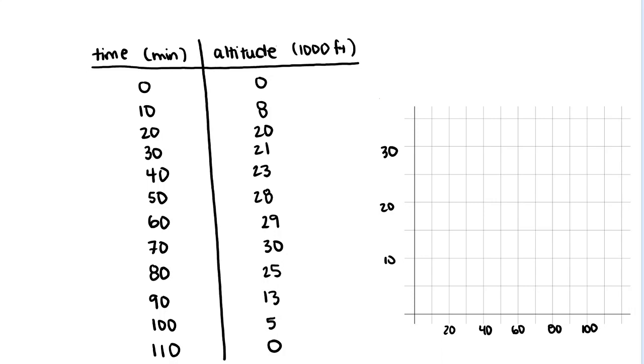So when I look at this 8 in the right column, that's not saying the plane is 8 feet in the air. This is saying that the plane is 8,000 feet in the air. In particular, it's 8,000 feet in the air 10 minutes into the flight.